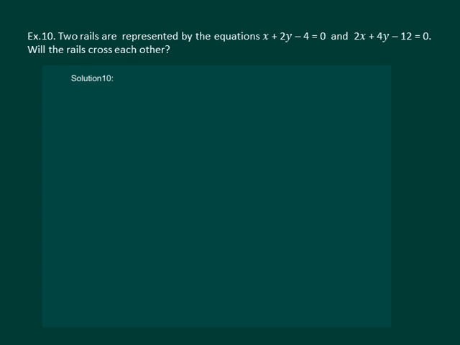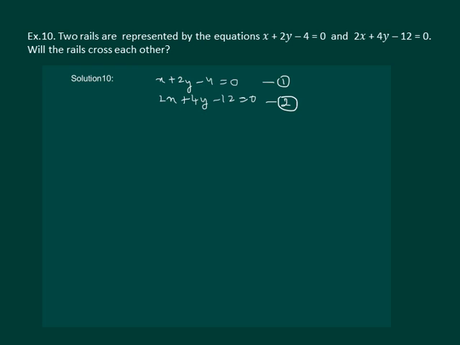Let us read the question. Two rails are represented by the equation x plus 2y minus 4 equal to 0 and 2x plus 4y minus 12 equal to 0. Will the rails cross each other?